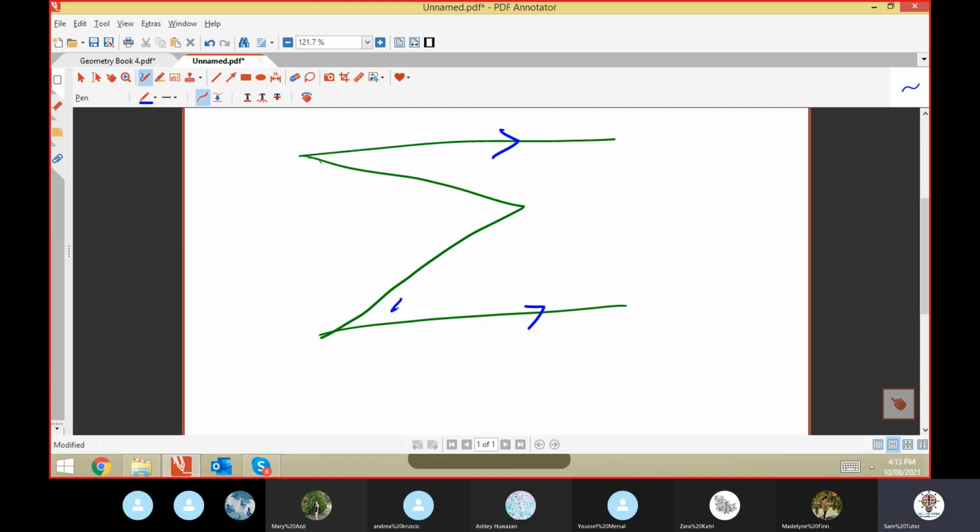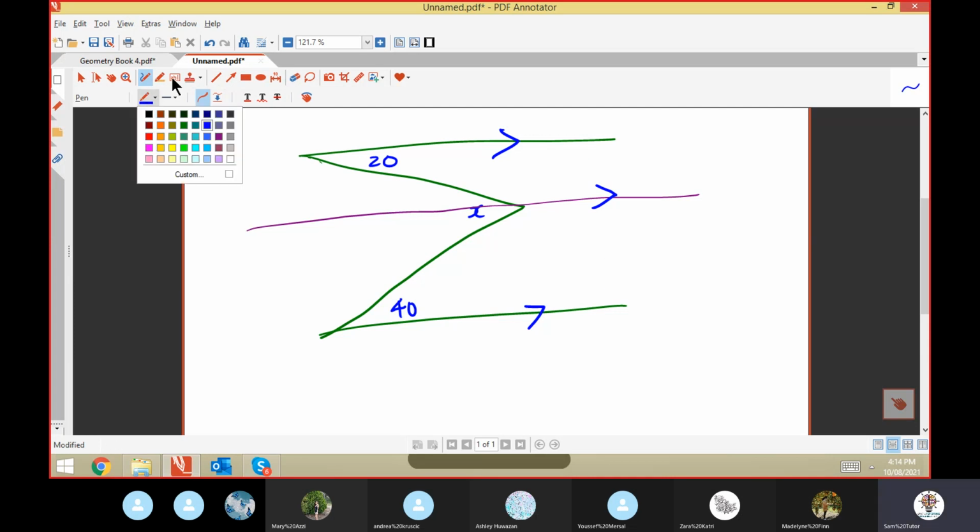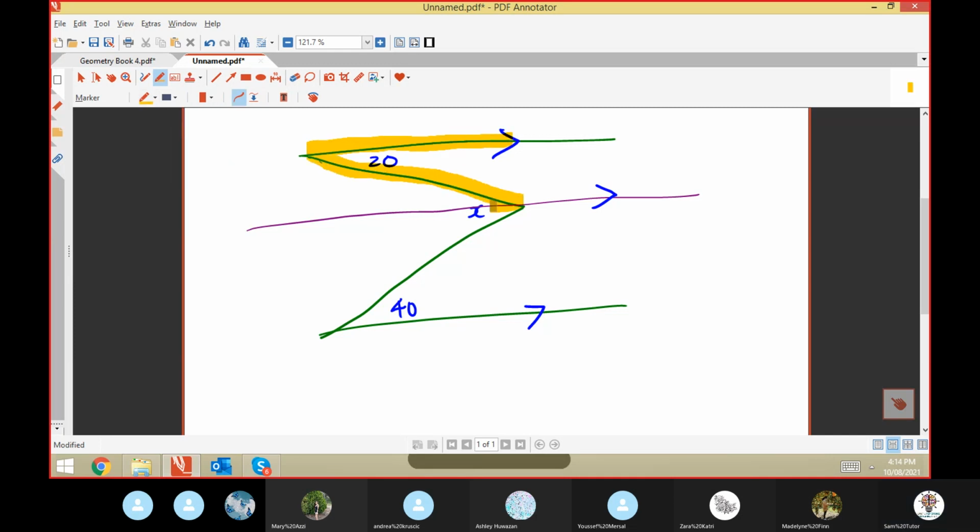And if I tell you this is 40, if I tell you this is 20, and I said go and find me what x is, well, again, it's pretty tricky like this. And you've learned the trick to the question is to actually draw a third line that's also parallel to these two. Once you have that third line, you should be able to see a lot of alternate angles.